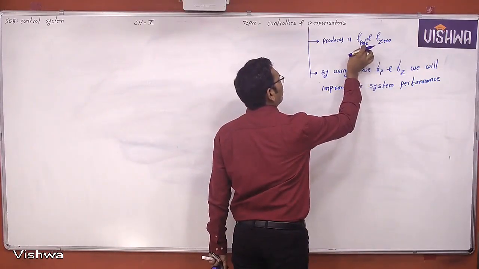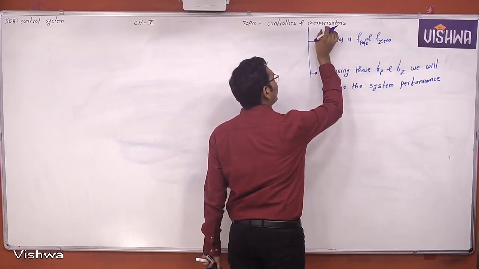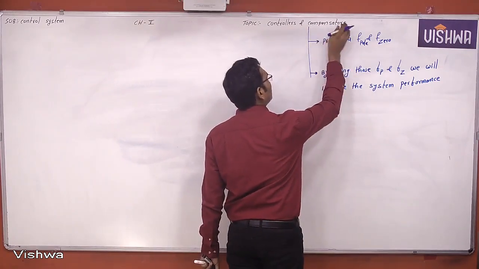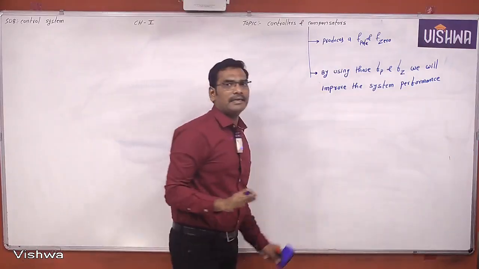Those finite poles and finite zeros are produced by using an electrical circuit. That electrical circuit is named a compensator circuit.